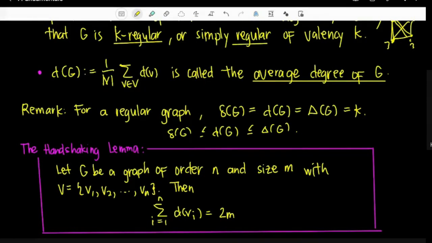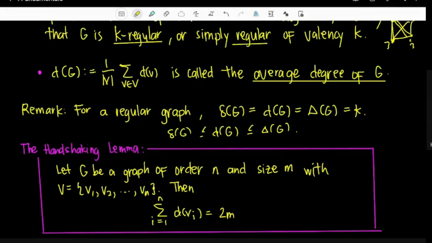Now you ask each of them, how many hands have you shaken? That will be equivalent to asking the number of edges connected to that particular person. So a handshake is equivalent to an edge, right? What they will tell you is the degree, if you treat the person as a vertex.